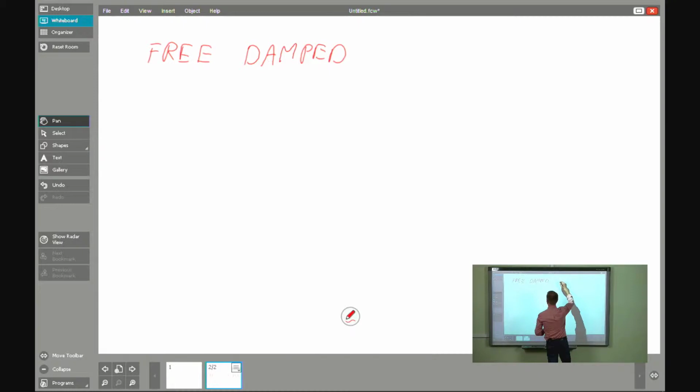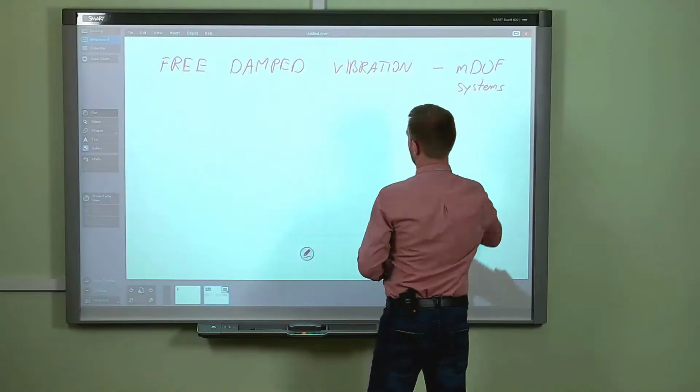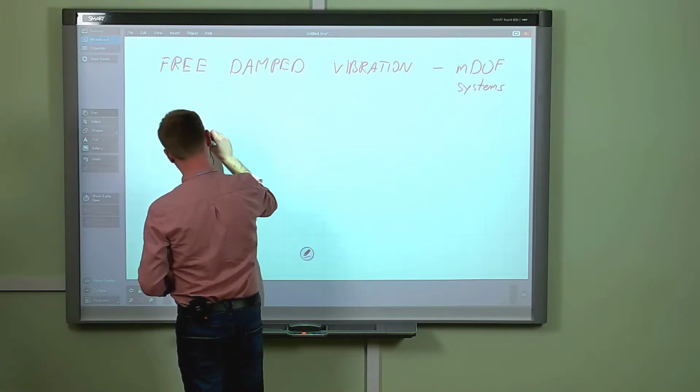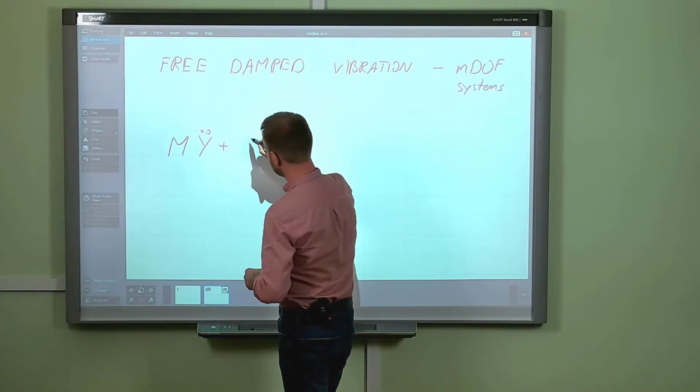It's a free damped vibration, and it will be in the case of multi-degree of freedom systems. Okay, and the general form of the multi-degree of freedom system governing equation is as follows.